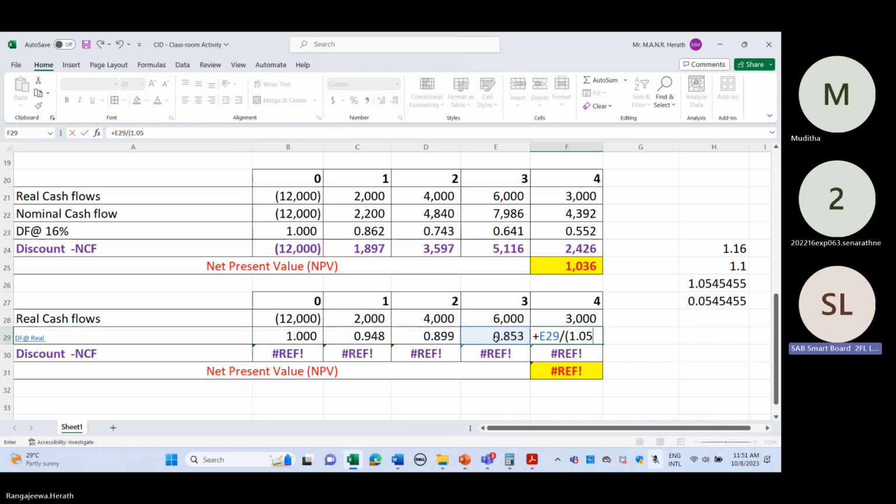Now 1 divided by 1 plus 1.0545, power up to 4 going forward.